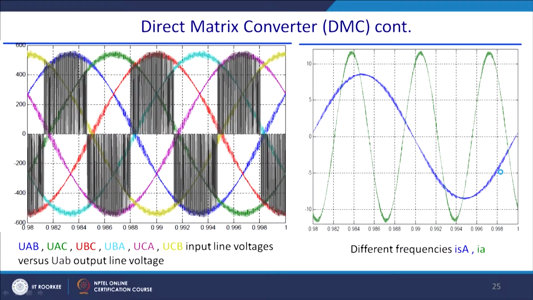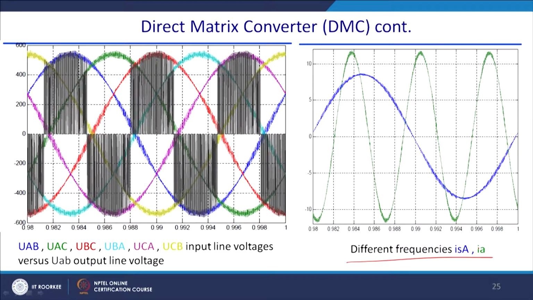So, here you switch in such a way that this part is switched, it is coming from there, and accordingly you will switch and you will find that the voltage and current have different frequencies at input and output.